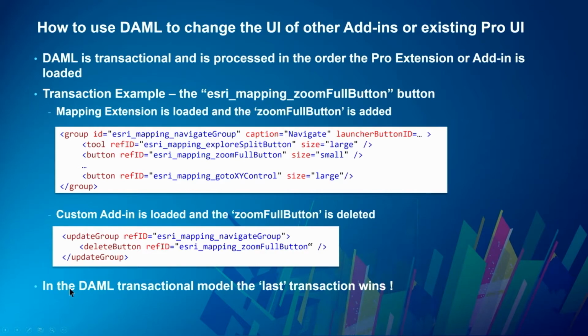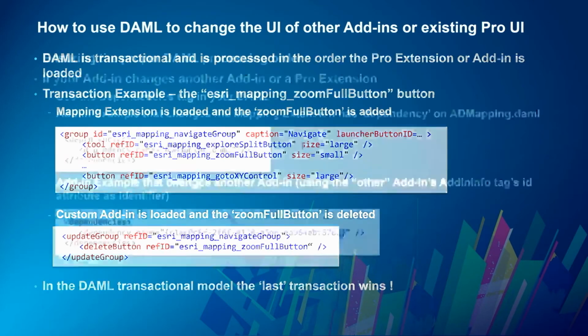And then here once more, in the DAML transactional model, the last transaction wins. So if I am the last one and I say insert button, that button is inserted. If I'm the last one and I say delete button or modify button, that's what's going to happen. And we'll do a demo to that regard.